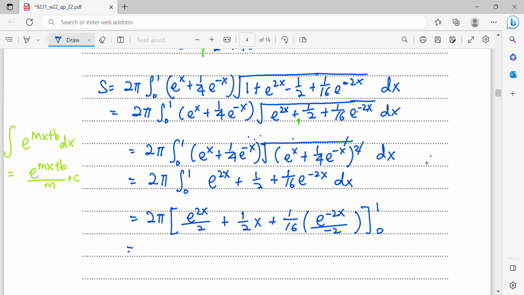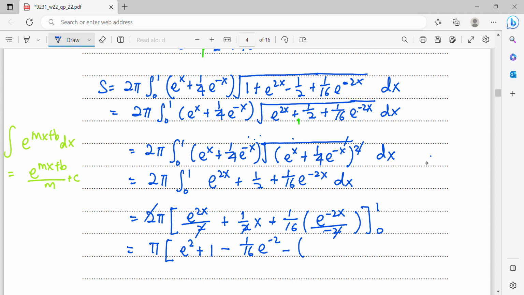Okay, so now, I can simplify all the half together with the 2. So, before I replace the x values, now, replace x by 1, I will get e squared plus 1. Then, minus, okay, don't forget the minus over here, minus 1/16 e^(-2), then minus, bracket.